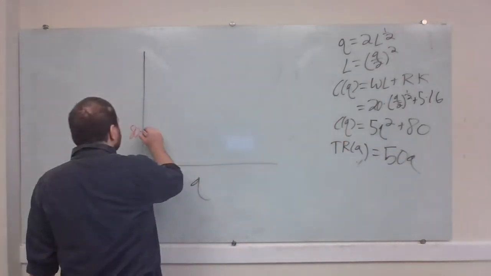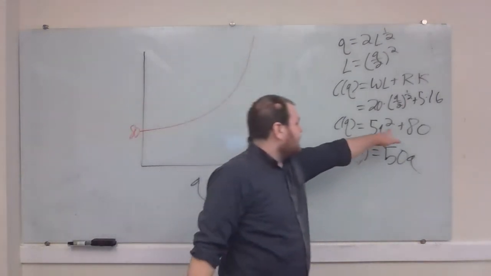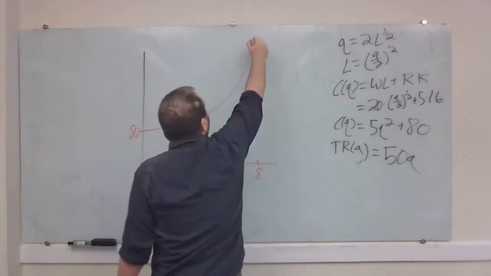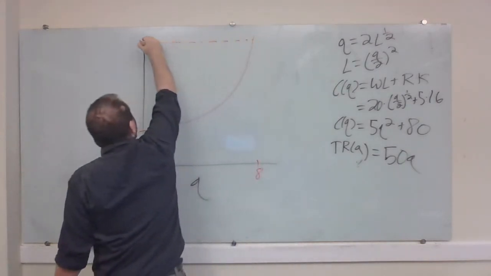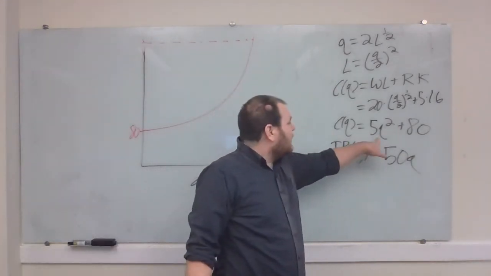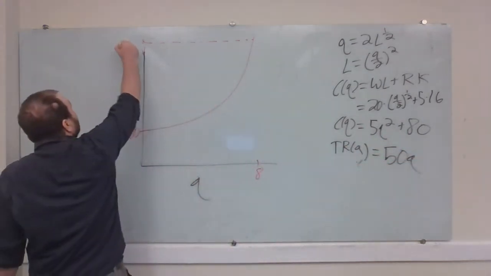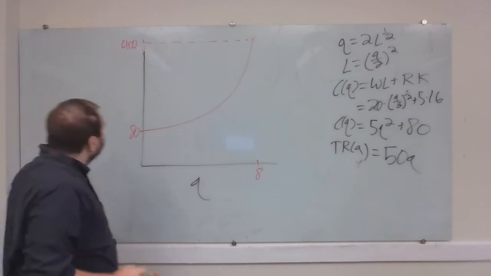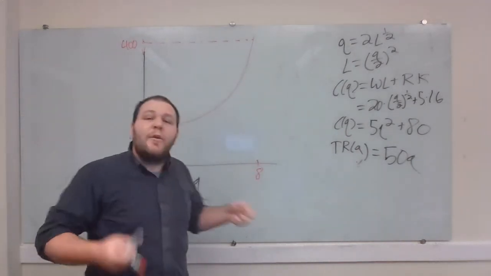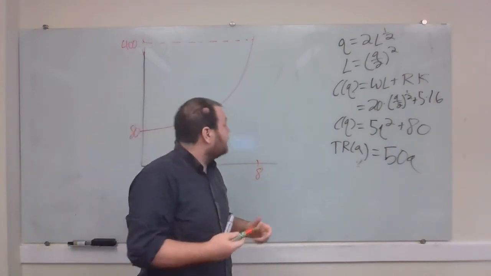And then they increase like this, because this is a squared function, 5Q^2. So when I have, say, a Q of 8, I would have costs of what? 8 squared is 64, times 5 is 320, plus 80, so that would be 400. Point is just, we've got costs that are increasing at an increasing rate, which is another way of saying we've got diminishing returns to scale, or diminishing marginal returns of labor. Cool.